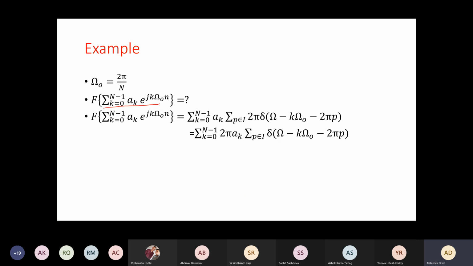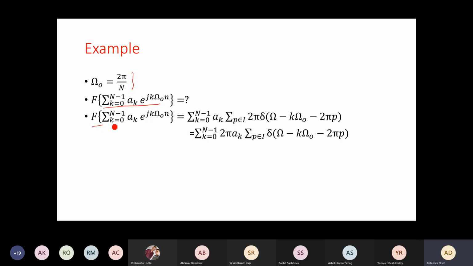If you do not know DTFS, it's also fine. We will see that this is a discrete time Fourier series, but you do not have to know this at the moment. So omega naught is some 2 pi by n, and we are summing up n minus 1 terms.